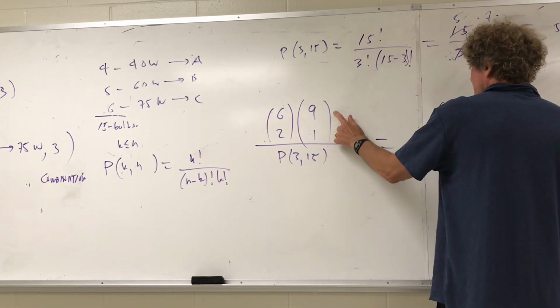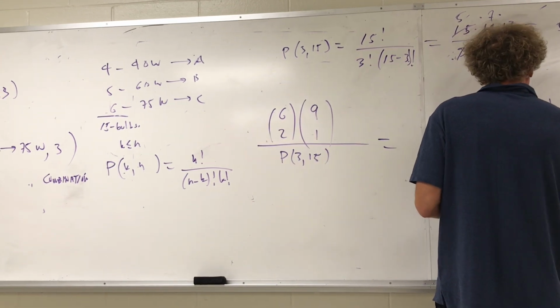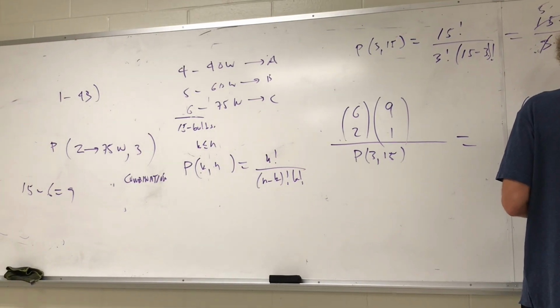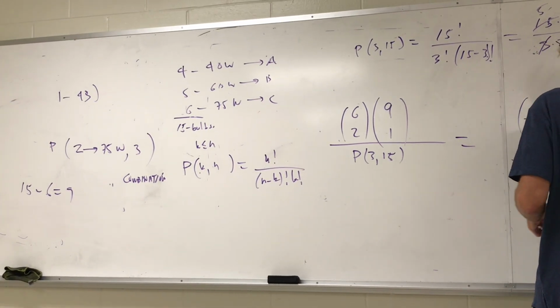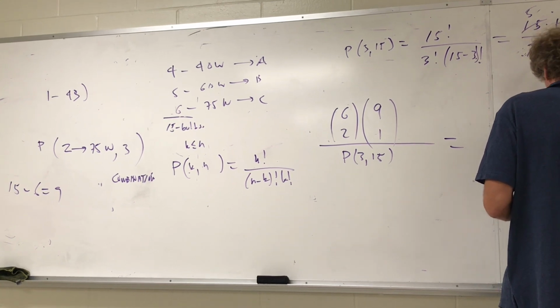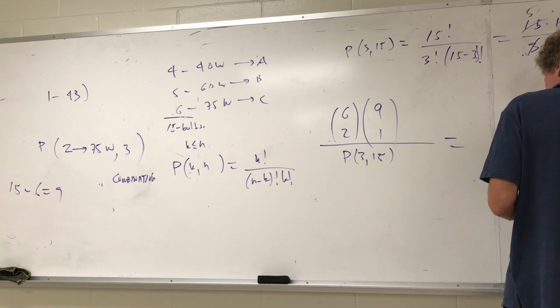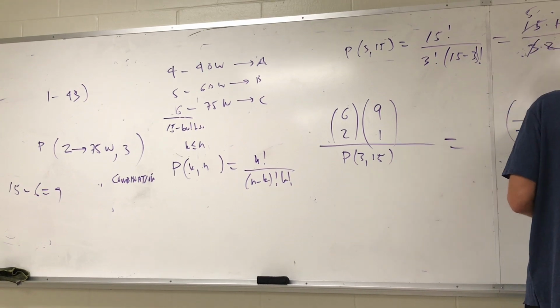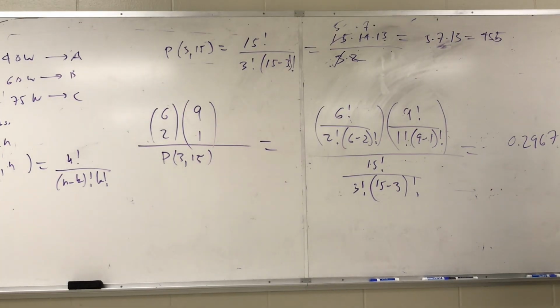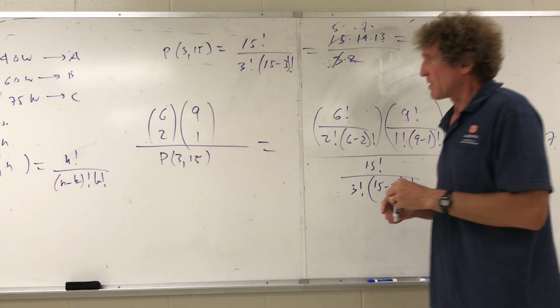This part is 9 factorial over 1 factorial, which is 1, times 9 minus 1, which is 8 factorial, all over 15 factorial over 3 factorial times 15 minus 3 factorial. I'll put the whole thing down there. Now, if you run the numbers on this, that's the first part. What's the second part?